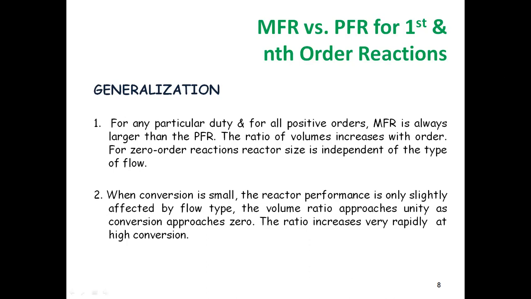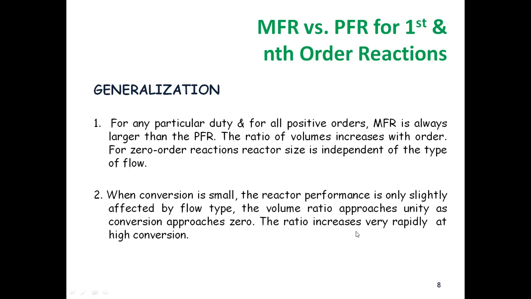As you can see here, the volume ratio approaches unity as conversion approaches zero. So in our language, for easier understanding, if the conversion is small, if XA is small, the ratio of VM to VP doesn't deviate much from 1 for conversions, especially near 0.